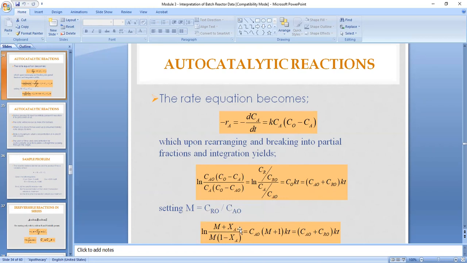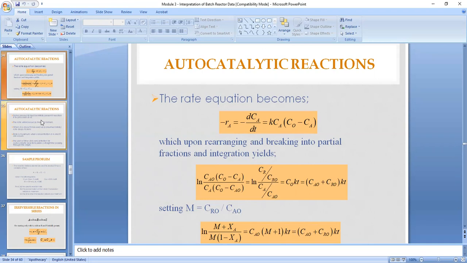But actually, even if the problem gives you conversion, you can still find the C_A using the X_A. It's still C_A equal to C_A0 times the quantity 1 minus X_A. But nonetheless, if you want a ready-made formula to use, wherein you can plug in right away the value of the conversion and the M, then this is that particular formula. This is for the autocatalytic reaction.